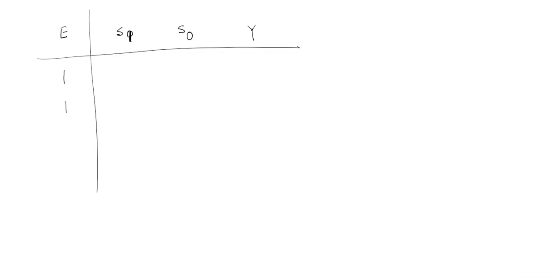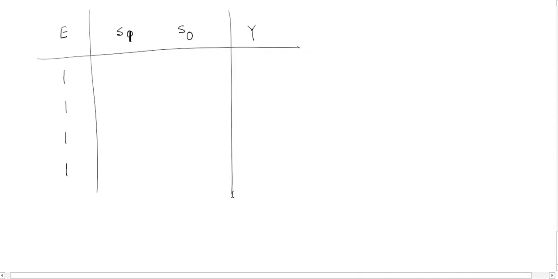That's why I am selecting the enable signal as 1. Now there are 2 select lines selecting one input as an output, so the total possible input combinations are 4. The values I can write here as 0 0, 0 1, 1 0 and 1 1.